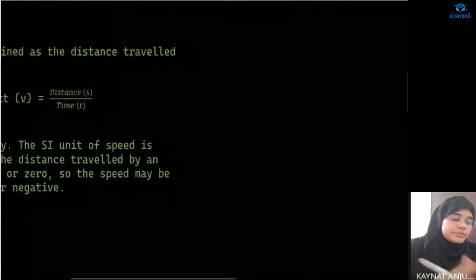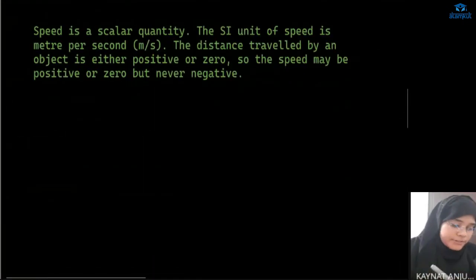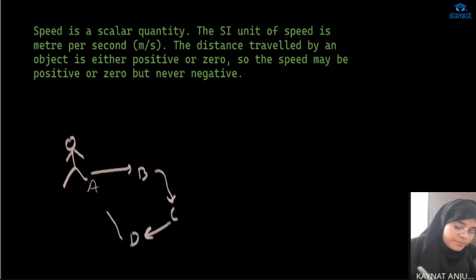Suppose someone is traveling. They start from a point A, then go to B, then to C, then to D, then back to A. Someone is traveling like this.